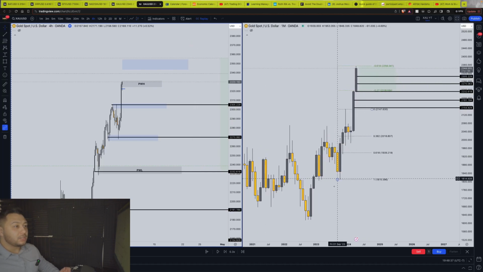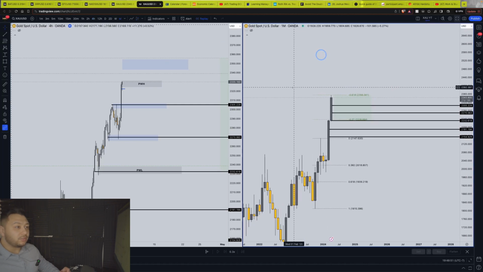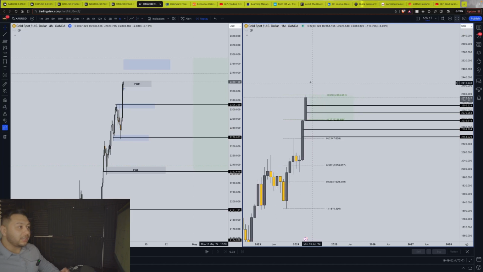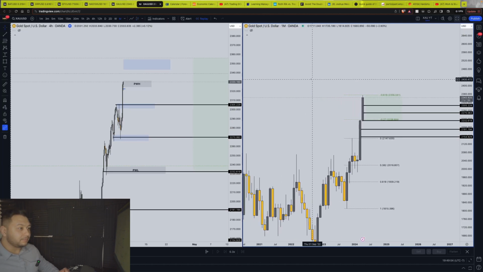Okay, so as you can see on the monthly time frame, it took all this time for this move to play out all the way to where we're currently at, the top of the negative 61.8 Fibonacci extension. Okay, the price point was 2,356. As you can see, price has hit there, but since we use the bar replay mode, the left hand chart doesn't show that yet, so I will be showing that in a moment.